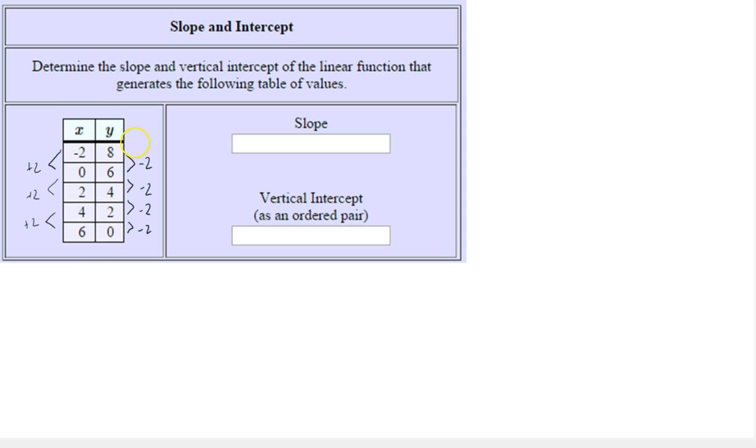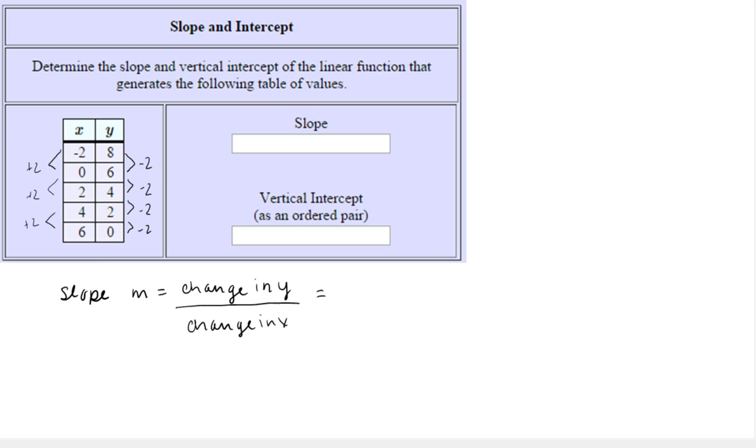So for every change of x of +2, the y changes by -2. So the slope, which we sometimes call m, is the ratio of the change in y over the change in x.